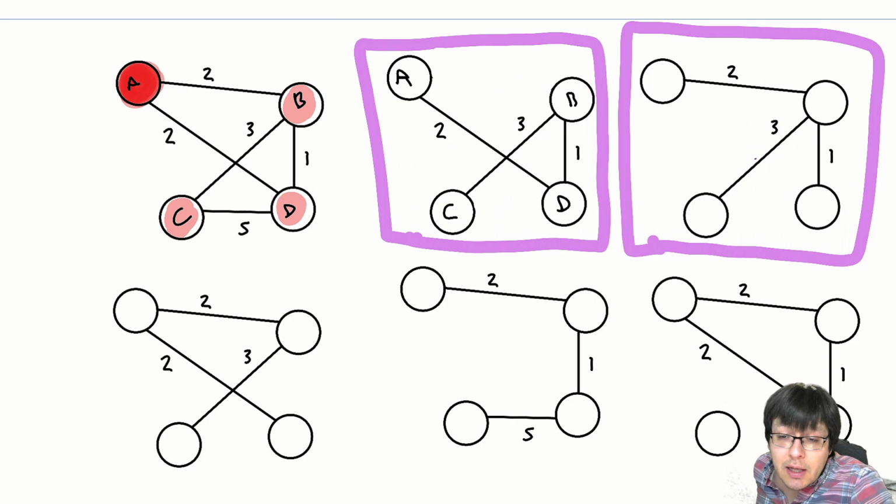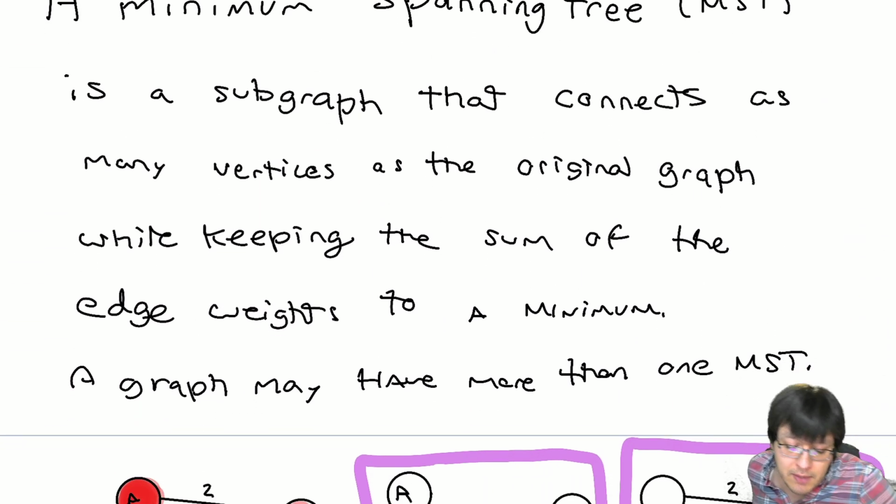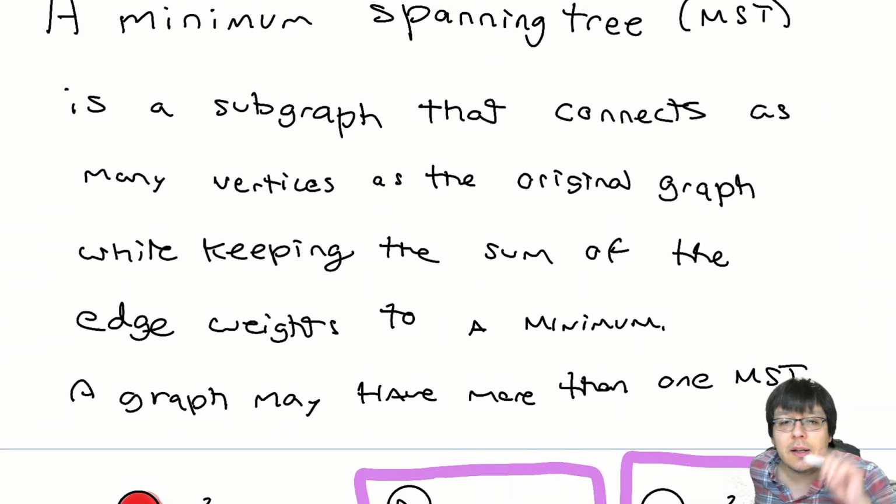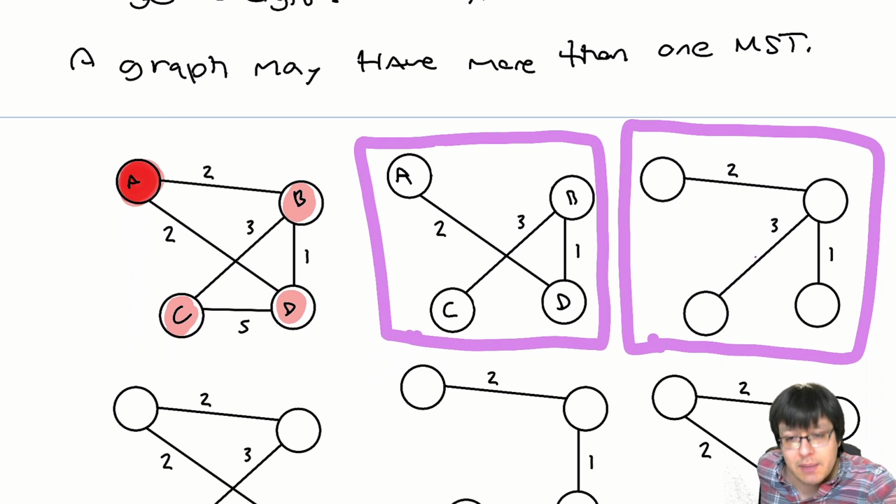Not all graphs have more than one minimum spanning tree. It strictly depends on the weight. So if you think back to what the math says here, the sum of the weights is going to be the smallest number. So for the minimum spanning tree, if you add up all the weights, the 2, the 3, the 1, and the 5, notice that in my minimum spanning tree, I have a total weight of 6. Okay, so all my minimum spanning trees are guaranteed to have a weight of 6.